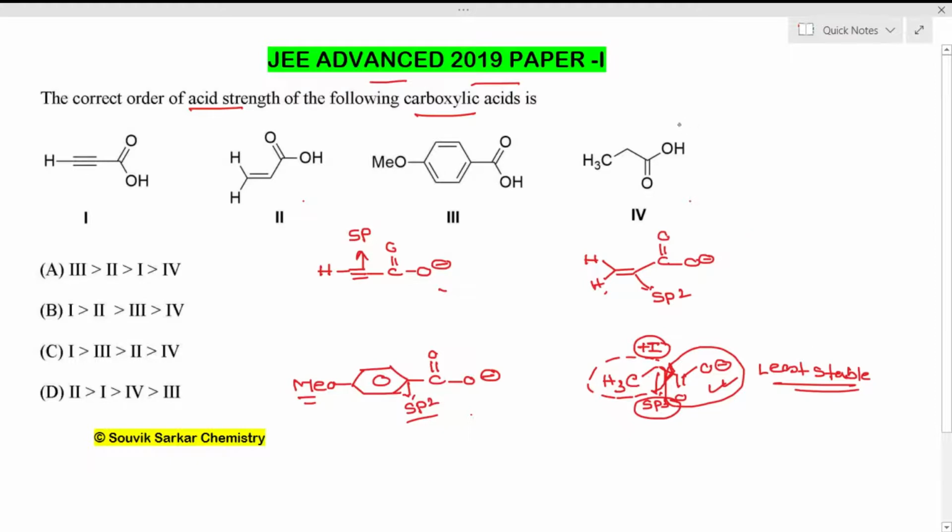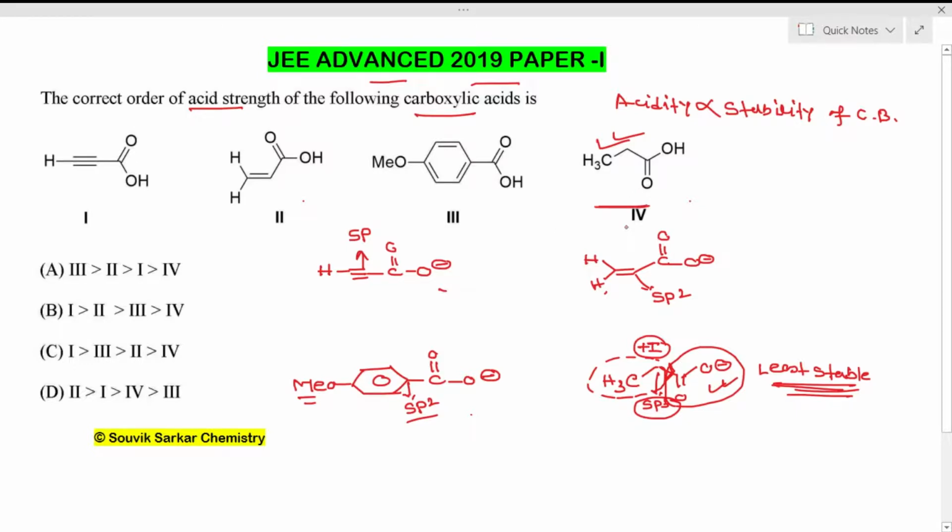And we know that the acidity is proportional to the stability of the conjugate base. As this anion is the least stable, the corresponding acid will be the least acidic among all.